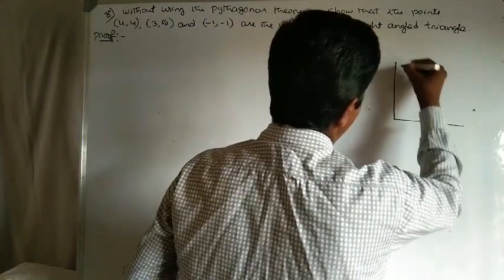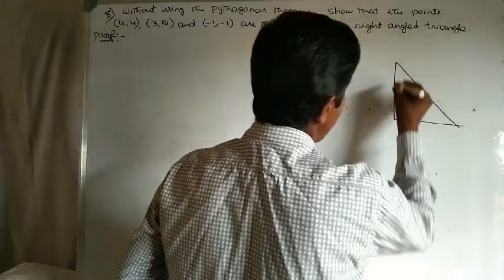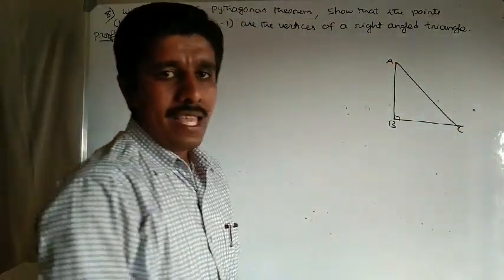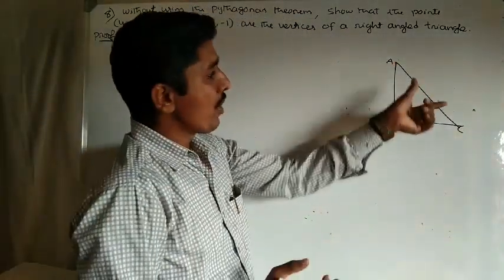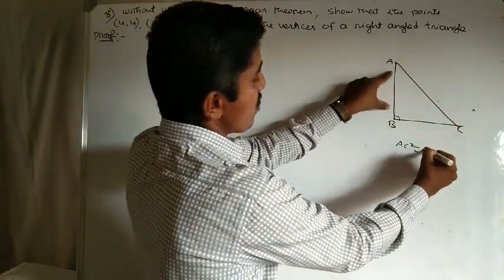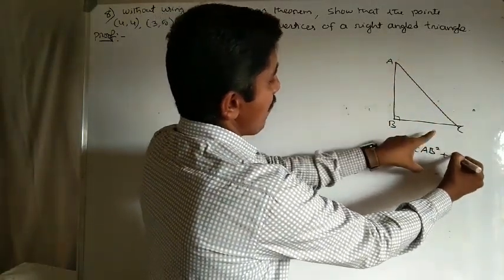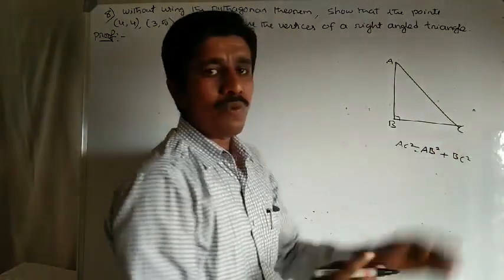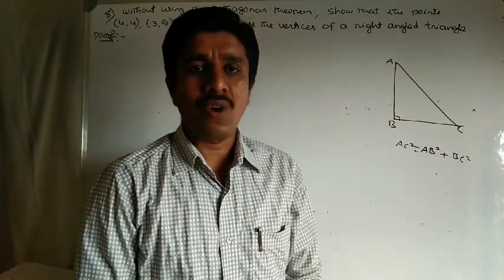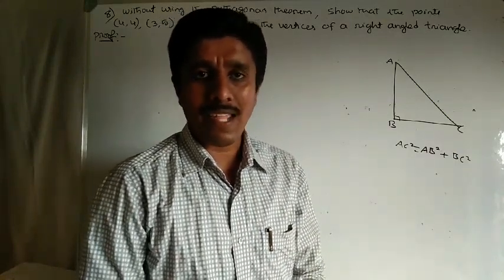Suppose the right angle triangle I am taking is ABC. We don't know which angle is 90 degrees. By using the Pythagoras theorem, we know that the square on the hypotenuse AC square equals the sum of the squares on the other two sides, AB square plus BC square, and then we can say that the given points are the vertices of a right angle triangle.